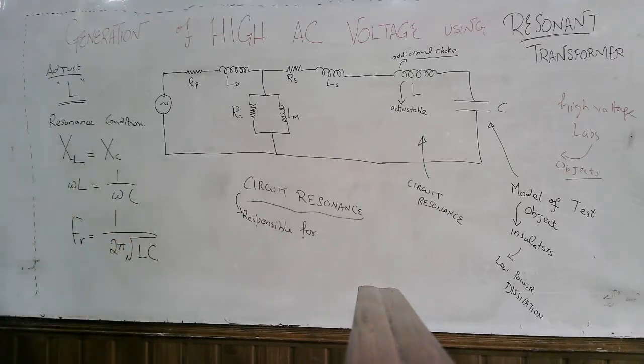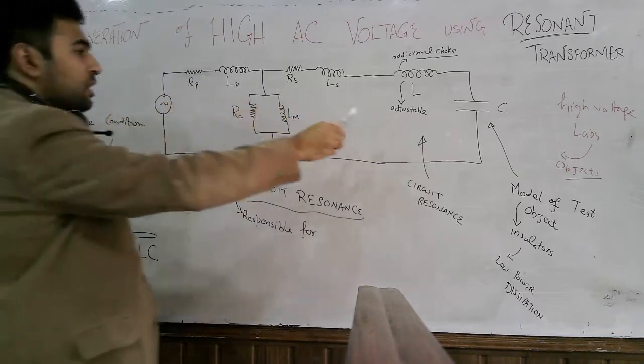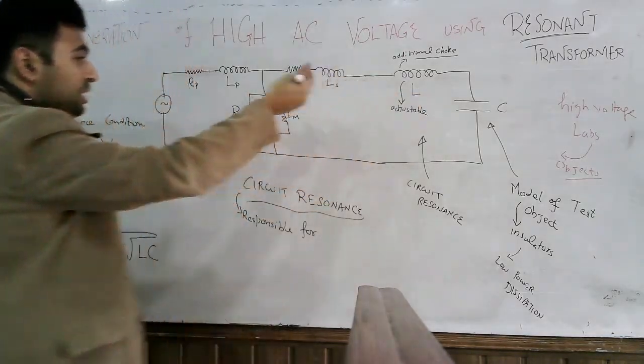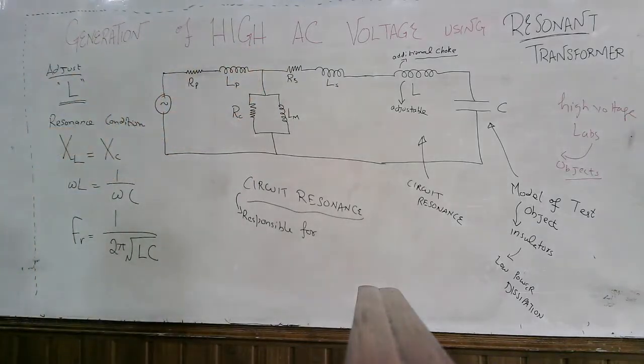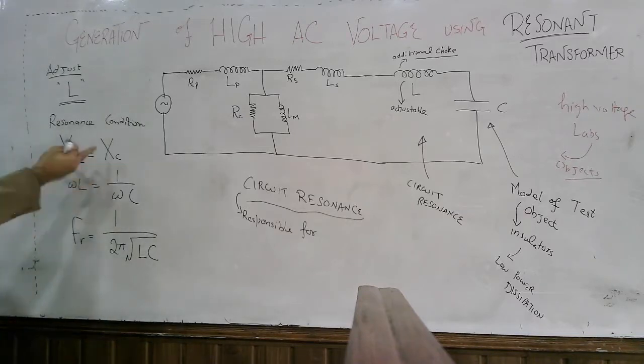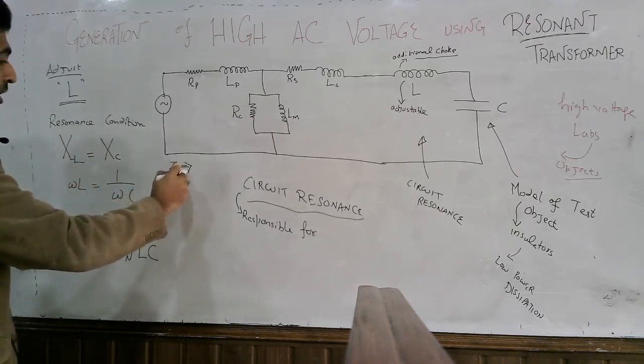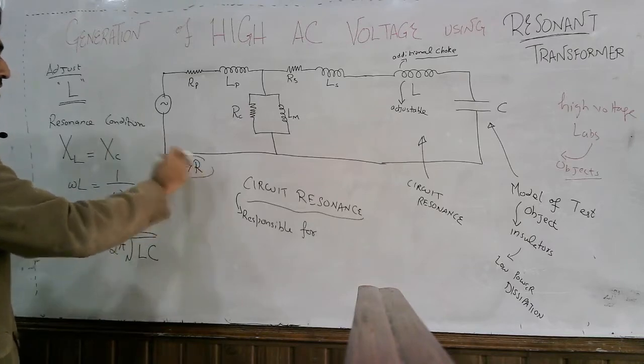What we do is adjust the value of this inductor such that this circuit goes into the resonance condition. Once the circuit is in resonance, these reactances become equal and cancel each other, and the circuit impedance is now only equal to the resistance.